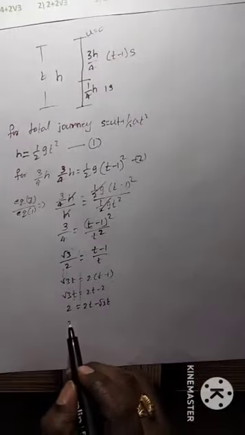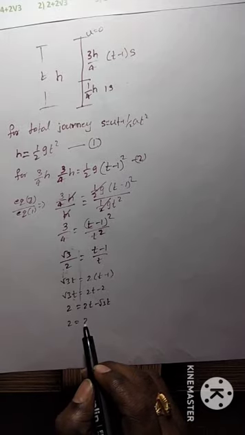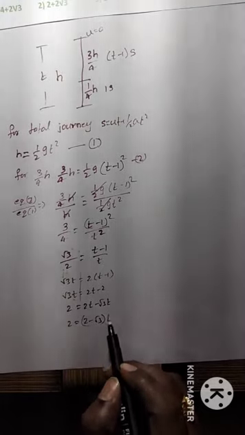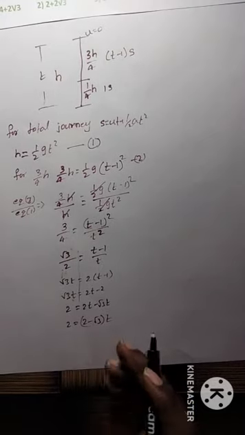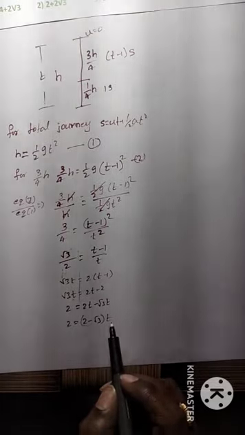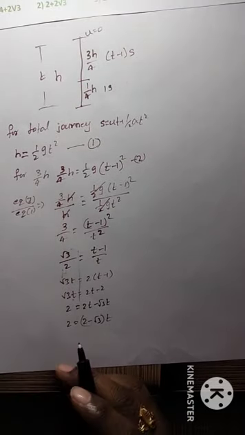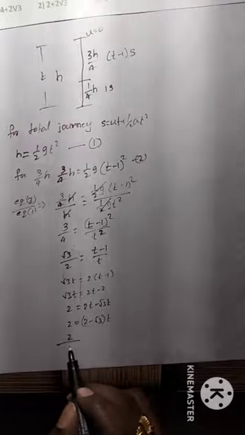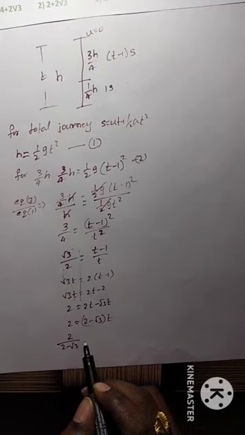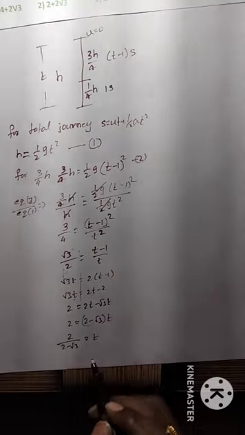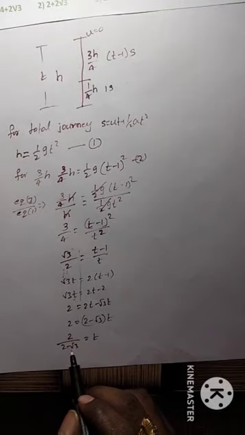Then from this you can take 2 common from the entire equation. Then you will get 2 minus root 3. So 2 minus root 3 multiplied by t. Then if you transpose from right to left, that goes to the denominator. 2 by 2 minus root 3 is equal to t. We got the t value as 2 by 2 minus root 3.